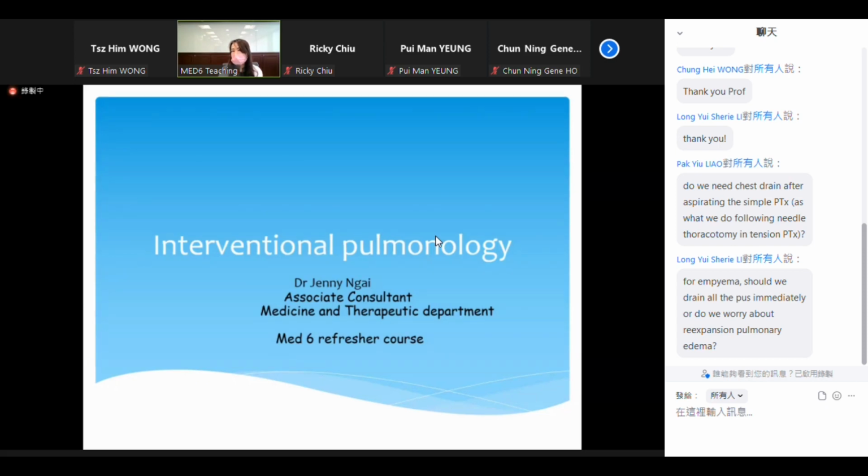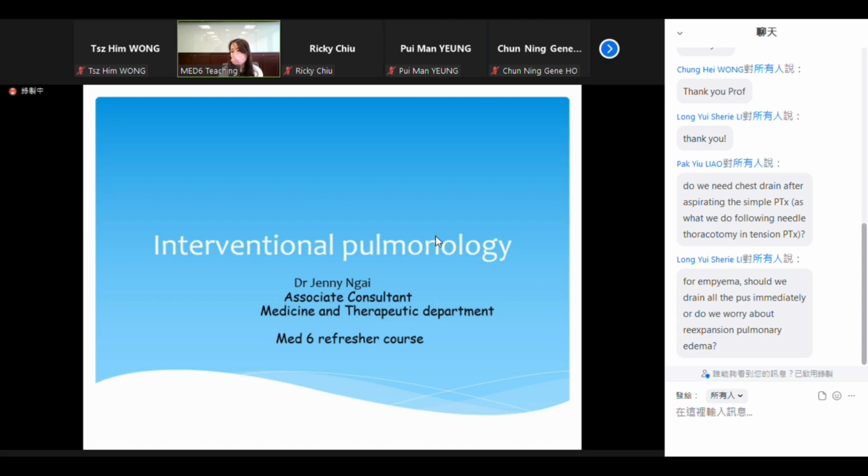And then don't drain over this amount because of the risk of re-expansion pulmonary edema. But nowadays, there's more and more evidence that even though you drain more than 1.5 liter, it's still safe.